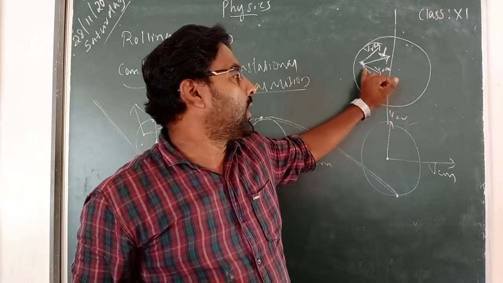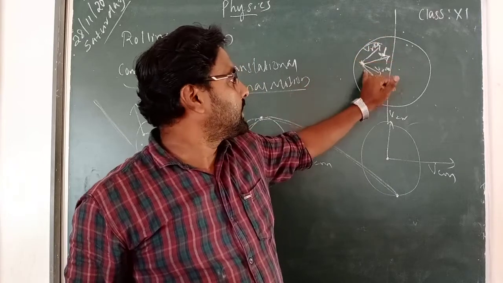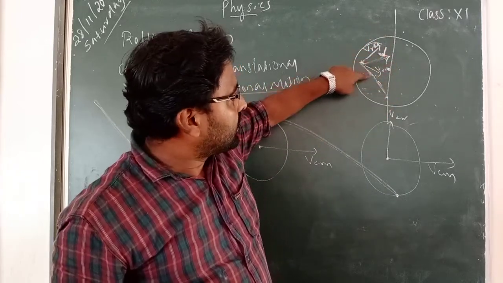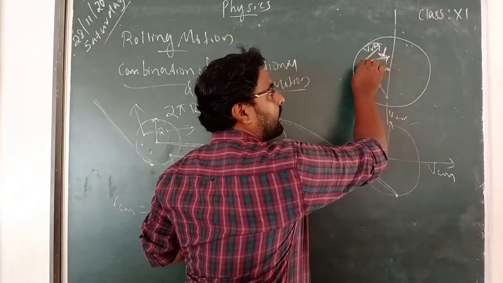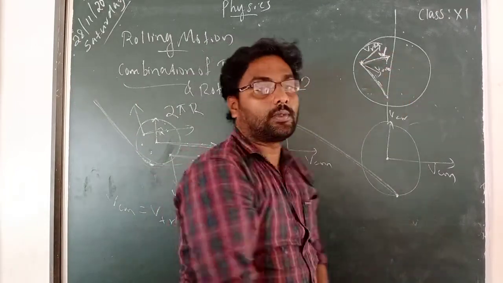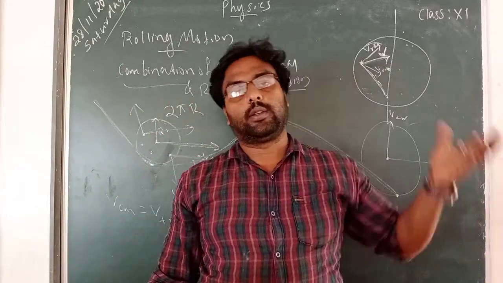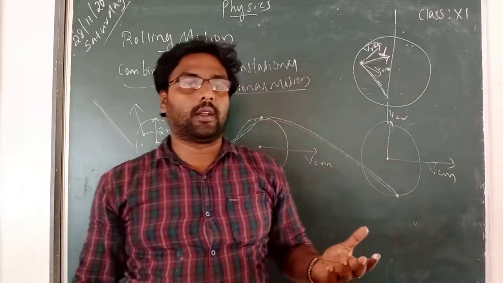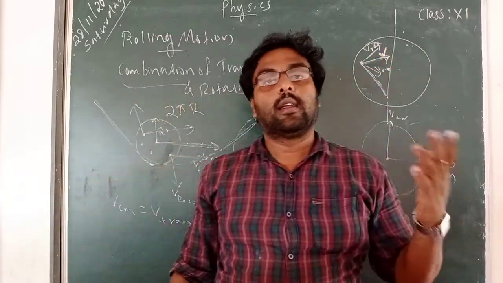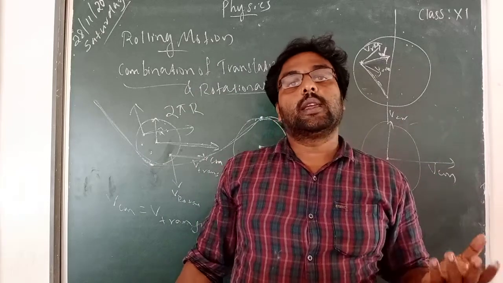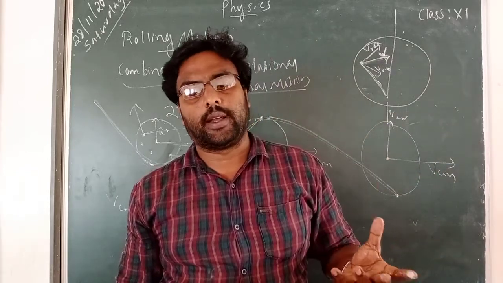From this center of mass, the resultant velocity at the point of contact is perpendicular, 90 degrees. You can choose any point of contact; this resultant velocity is always 90 degrees to the center of mass from its point of contact.